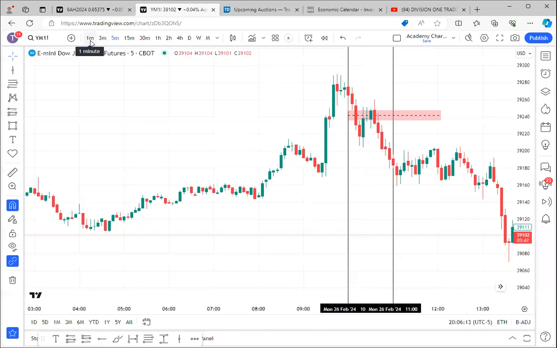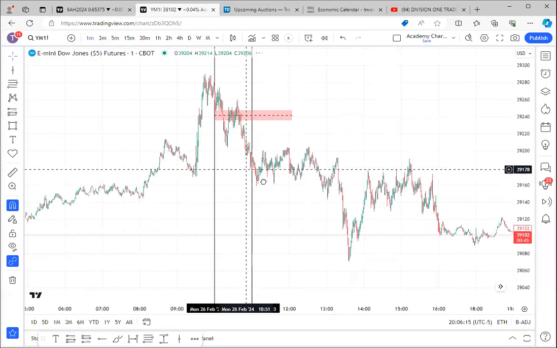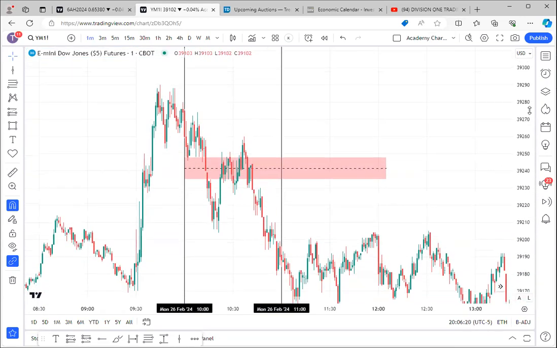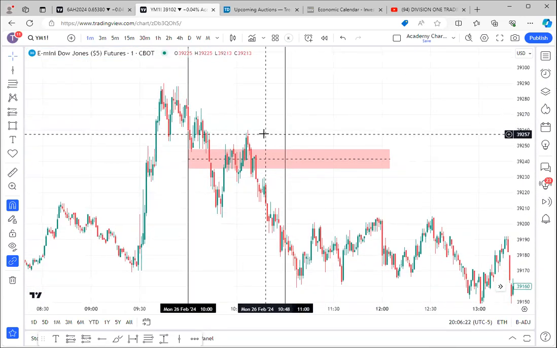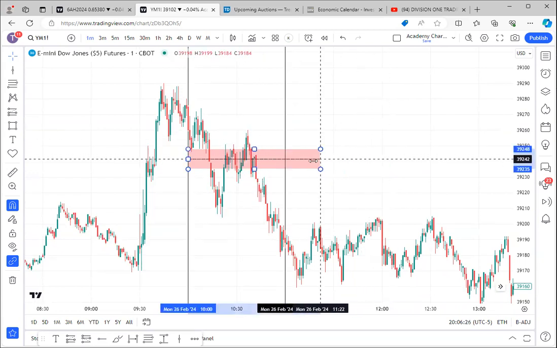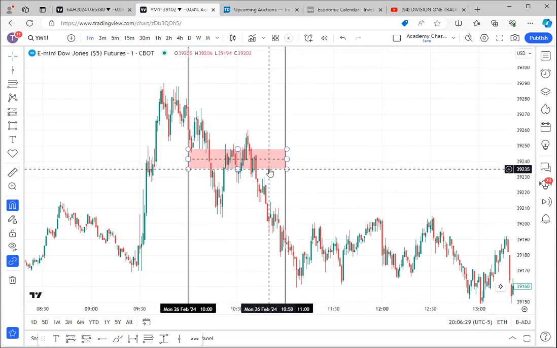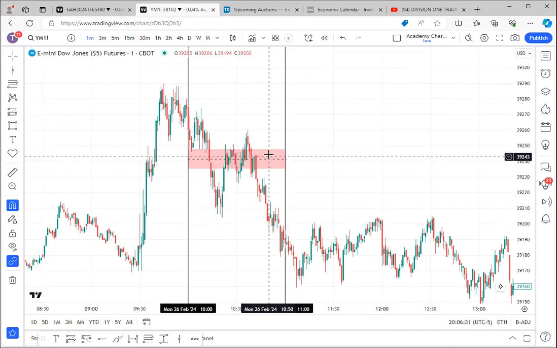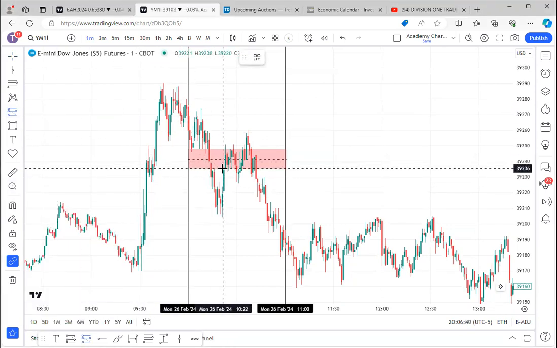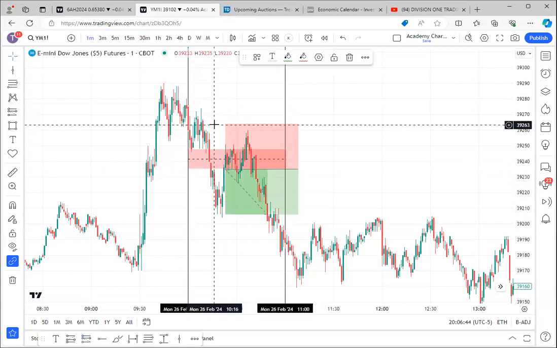Now, you can go down to the 1 minute after you've identified your 5-minute fair value gap. The basic way of looking at it is you can either sell at the low, 50%, or the high. And they all come with their own unique setup. So say that we went short here, and we'll talk about stop placement in a minute.